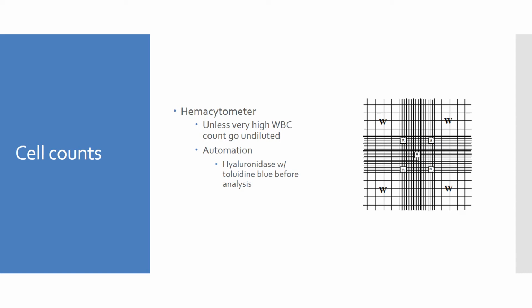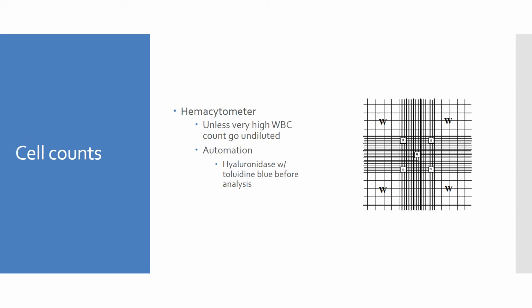Okay. Now, if you're taking out a regular specimen, the first time you're looking at it, and the clarity looks clear, you probably can go undiluted. The white counts are not that high that you would need to dilute it.